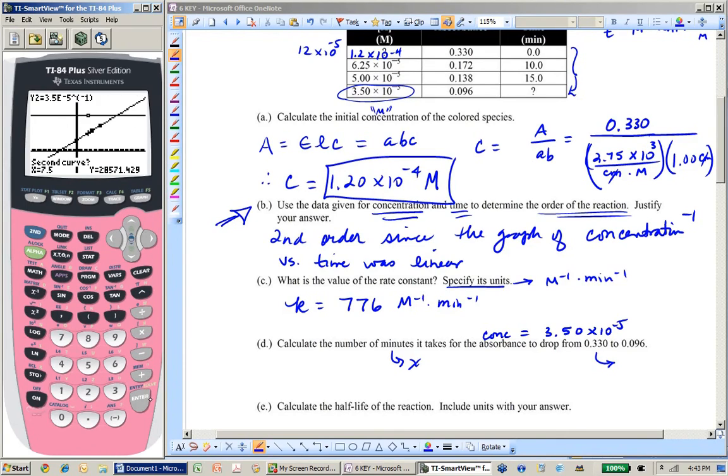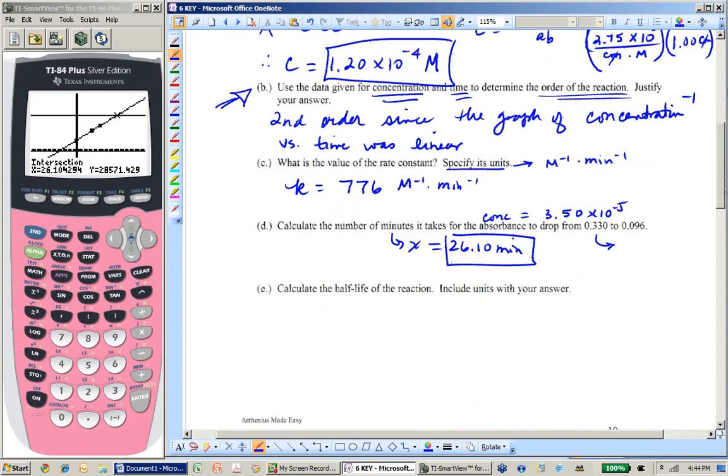Just keep pounding enter until you actually get an intersection down there. There we go. So X equals 26.1. 26.10 seconds. Oh, minutes, sorry. Look back at my table. Minutes. So the time required then is 26.10 minutes. And we're done with that.